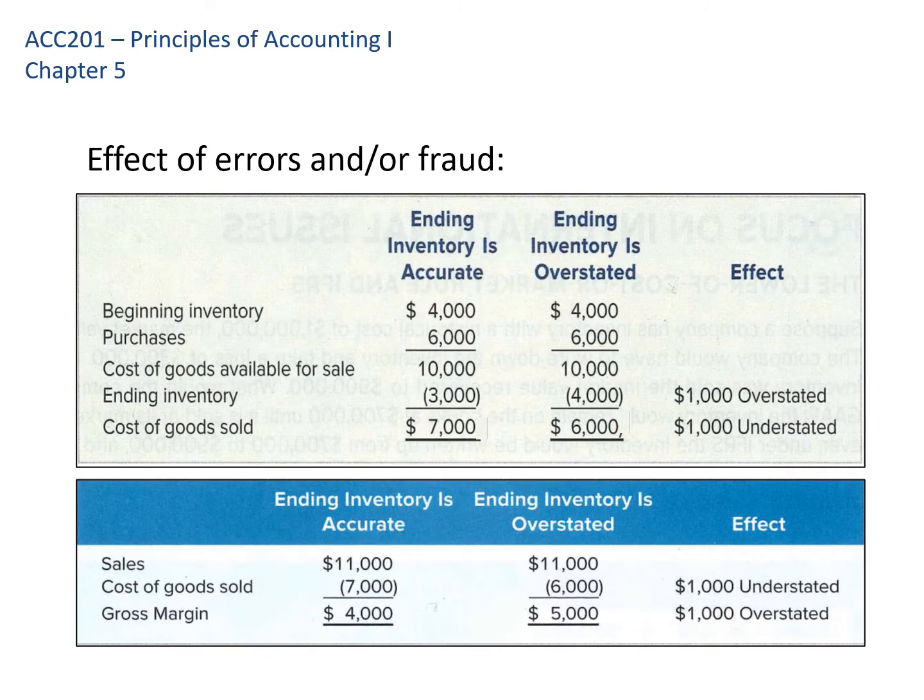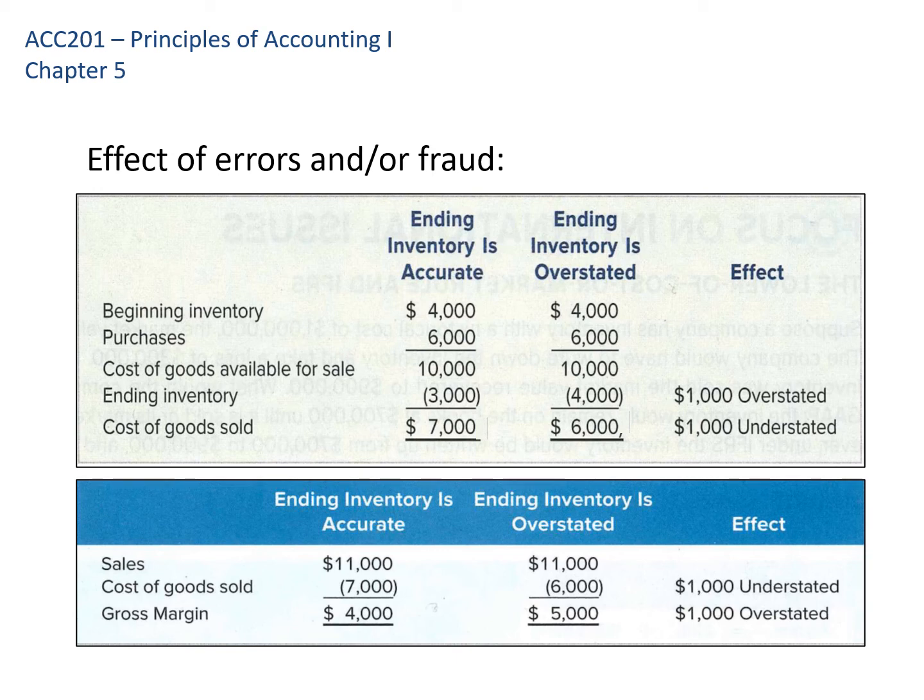The next thing I want to talk about is the effect of errors in inventory. So in the first column there, I'm showing what if the ending inventory is accurate. So I count $3,000 worth of inventory, and that is the correct figure. I should have cost of goods sold of $7,000. Okay.